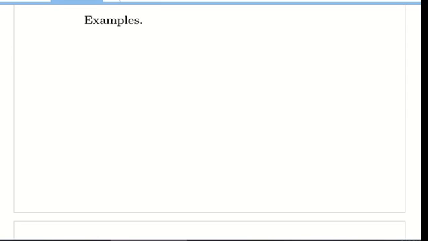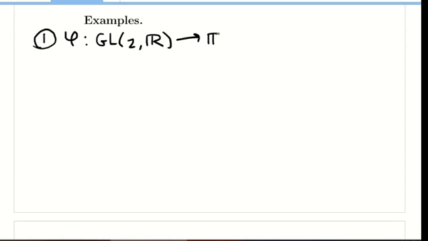So let's see if there are any useful examples that we can think of off the top of our heads. Maybe, how about, let's take a homomorphism that goes from the 2x2 matrices with entries in R and maps to the multiplicative real numbers.